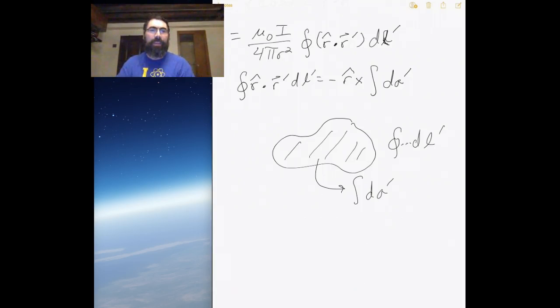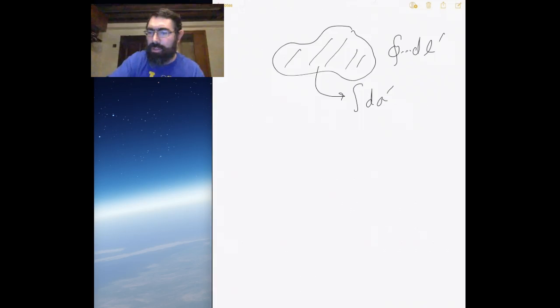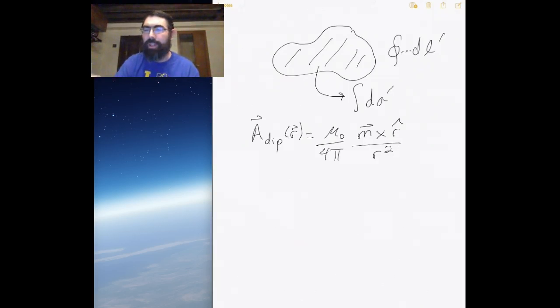Okay, so then basically from there, what I have is a new equation, which I can rewrite as the dipole magnetic potential as a function of r is mu0 over 4 pi, m cross product with r hat, divided by r squared, which looks a lot like our electric dipole, where we had an electric dipole term dot product into the distance vector.